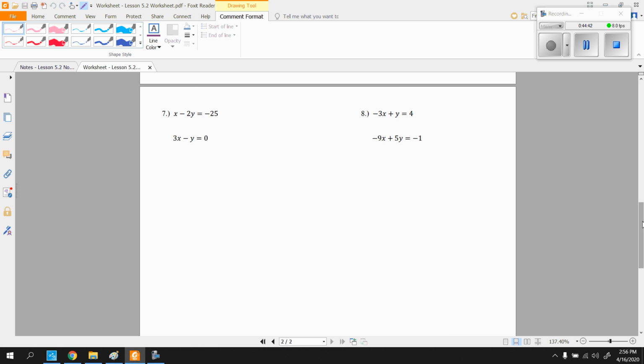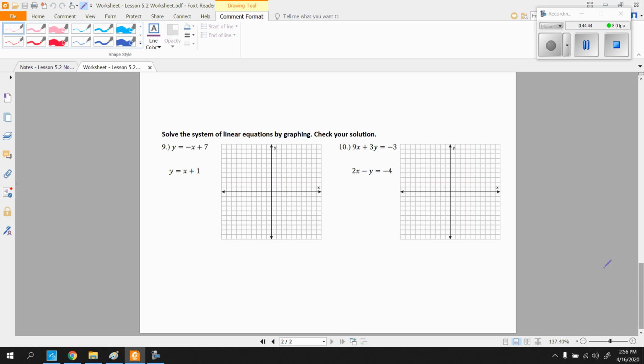Okay, I do want you to do numbers 9 and 10. If you're stuck here and you say, I don't know what to do, then you got to go back and watch the lesson 5.1 notes. At least find a part where we're doing an example. And even here, there's two different examples from 5.1. I don't remember the exact numbers, but these are in slope intercept form.